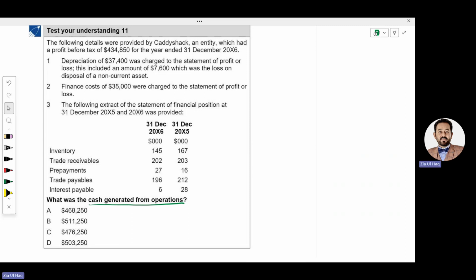Inventory decreasing as compared to previous year. Receivables decreasing. Prepayments increasing. Trade payables decreasing. Interest payable decreasing. Nobody use interest payable here? No, this is used to calculate interest paid.